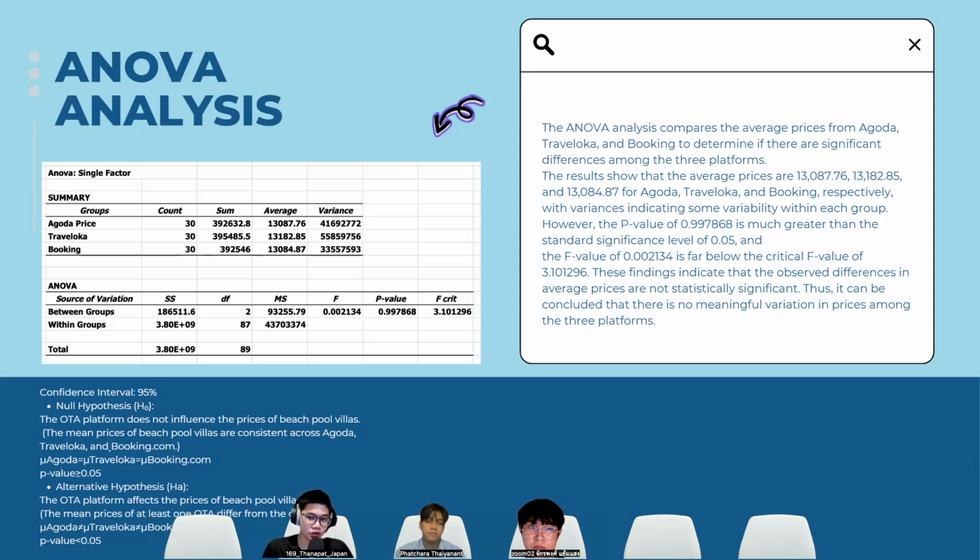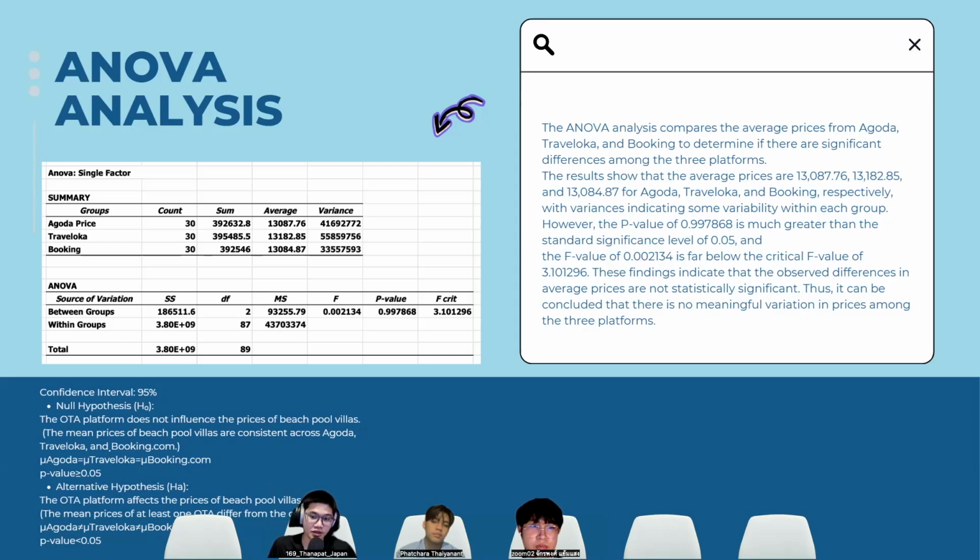The results show that the average prices are 13,087.76, 13,182.85, and 30,084.87 for Agoda, Traveloka, and Booking.com, respectively, with variances indicating some variability within each group.